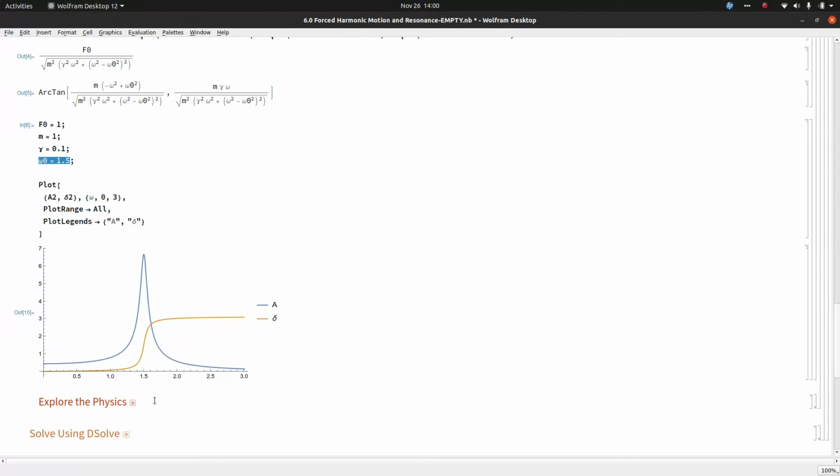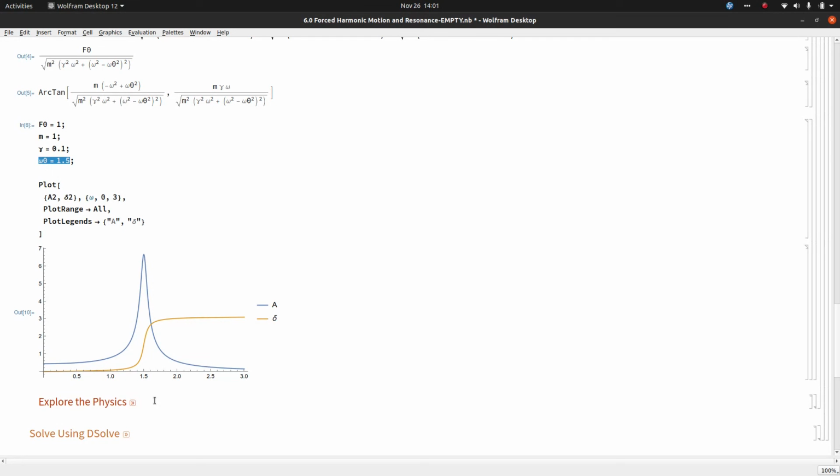So the way to think about this is, if your driving frequency is smaller than resonance, then you're in phase. So every time you push forward, the amplitude is going forward.